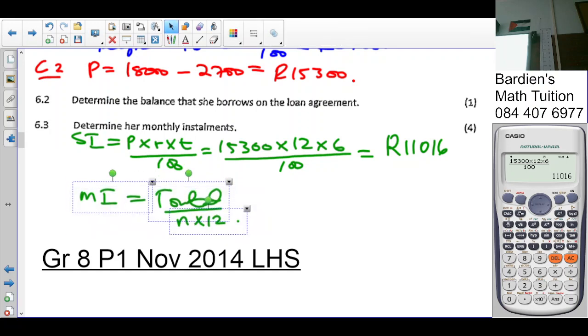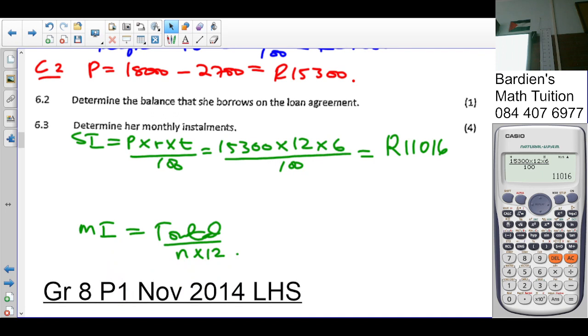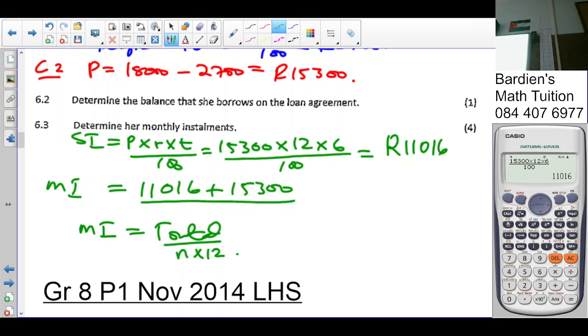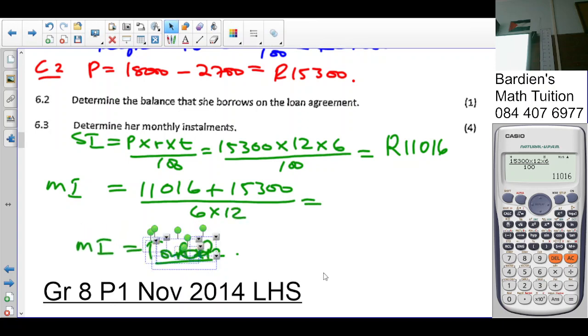So your monthly installments are going to be 11,016 rand plus 15,300 over how many months? 6 years times 12, or we could have just said 72 months.